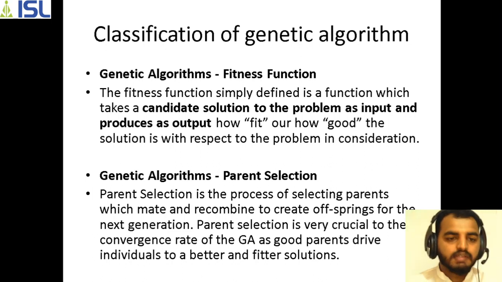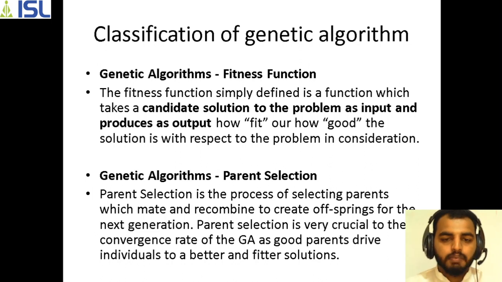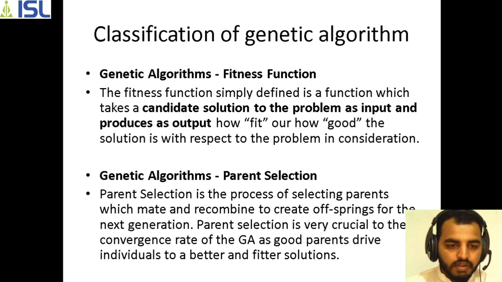The second one is the genetic algorithm parent selection. Parent selection is the process of selecting parents which mate and recombine to create offspring for the next generation. Parent selection is very crucial to the convergence rate of the genetic algorithm, as good parents drive individuals to be better and fitter solutions.